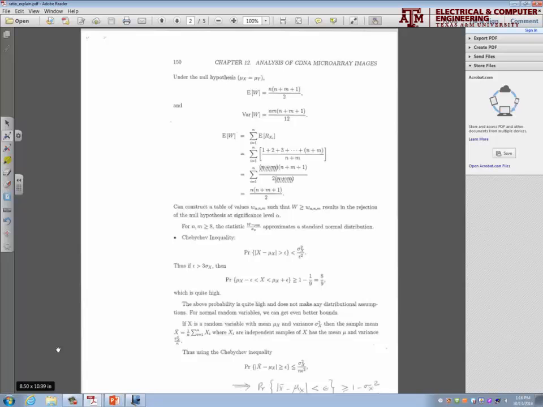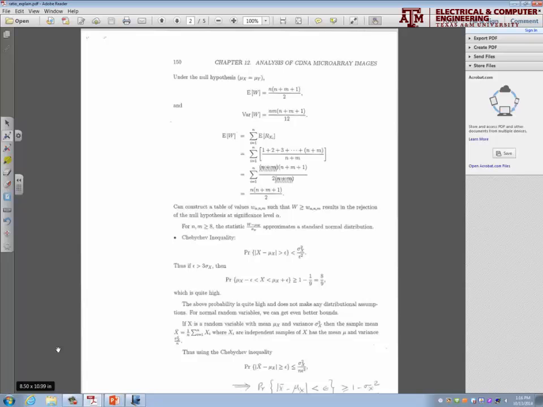So from here you can see that the probability that x lies between mu x minus epsilon and mu x plus epsilon is greater than or equal to 1 minus 1/9, because if epsilon is greater than 3 times sigma x, you plug in the numbers here, 3 squared is 9, so you get 1 minus 1/9, that is 8 over 9.